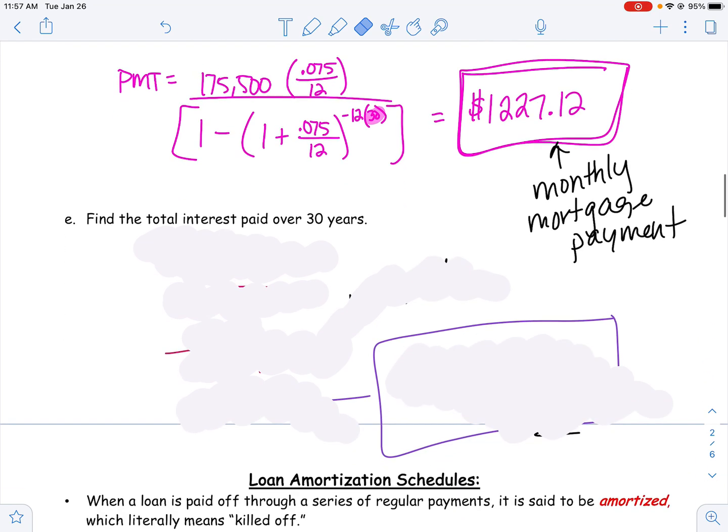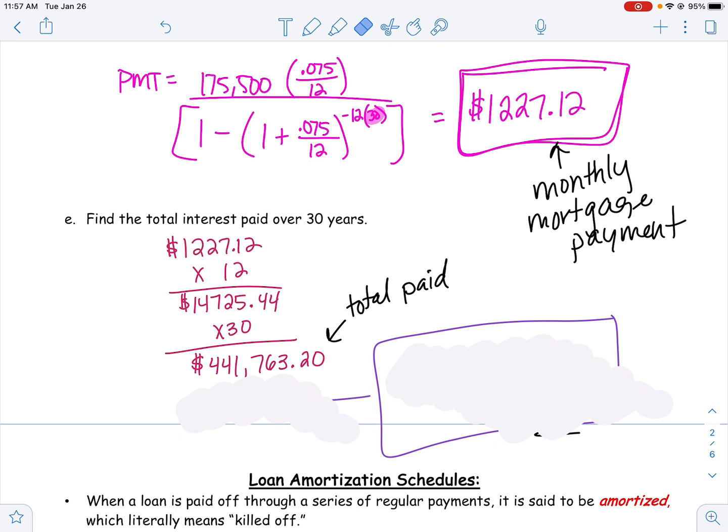All right, the last part of this question says find the total interest paid over those 30 years. So remember, our payment is the $1,227.12. We're going to make that payment every single month, so times 12. But I'm going to do that every single year for 30 years. So I'm going to multiply that by 30 now.